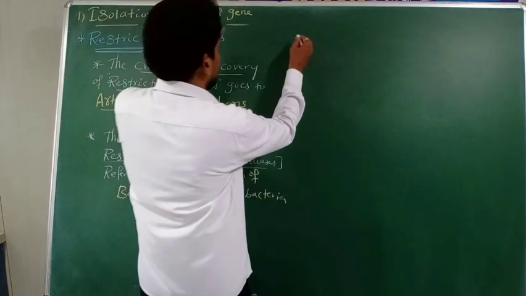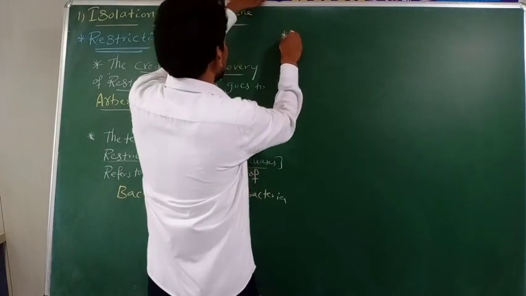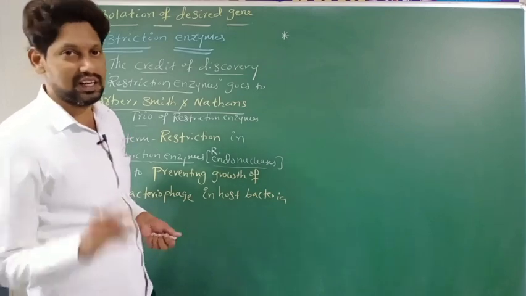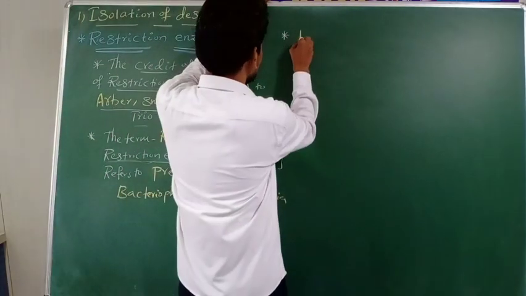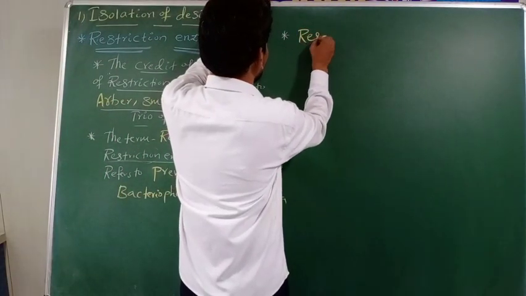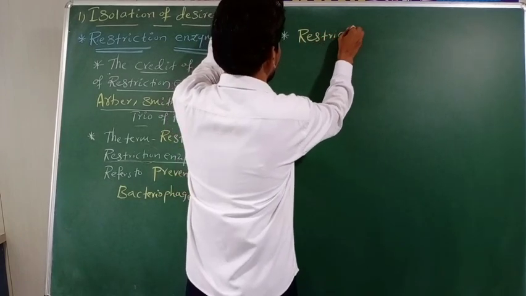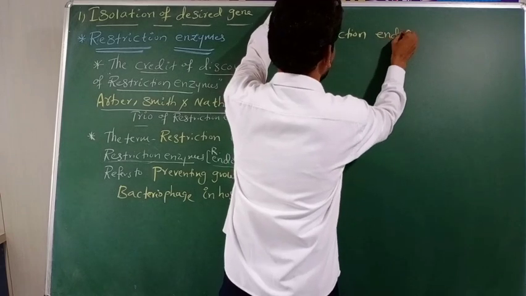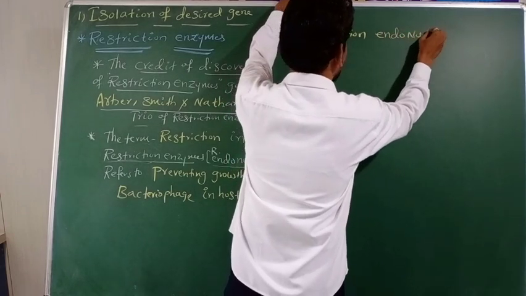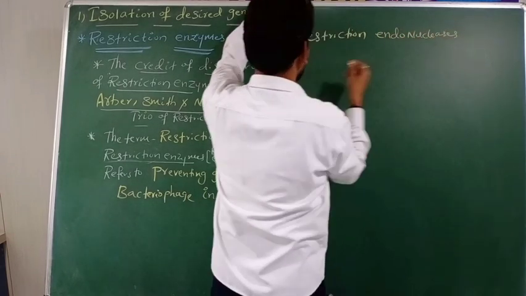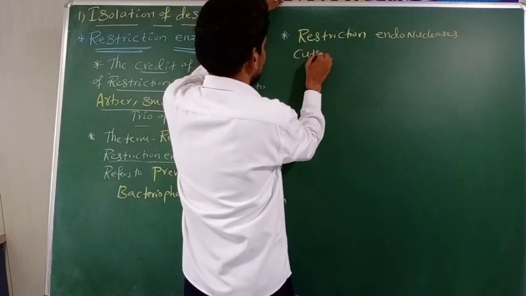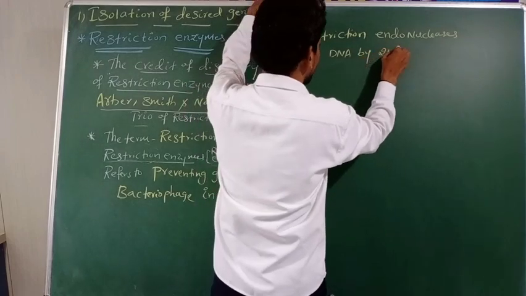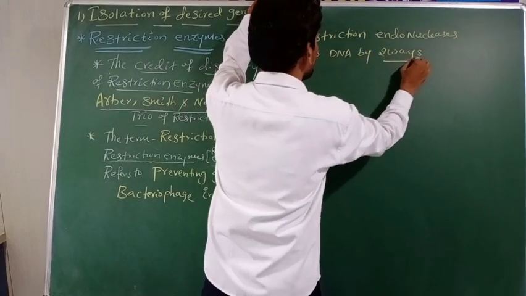Now listen to this statement. We are discussing restriction enzymes. Restriction endonucleases cut the DNA in two ways.